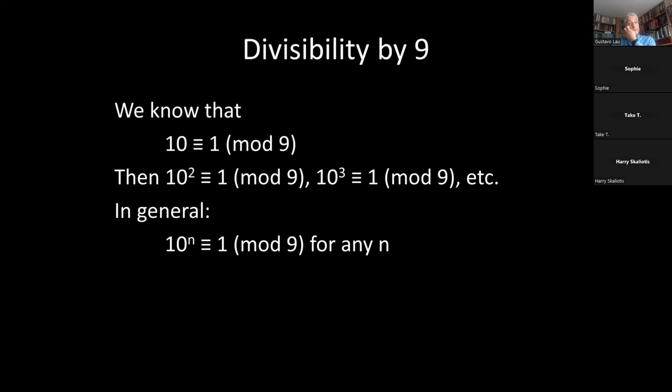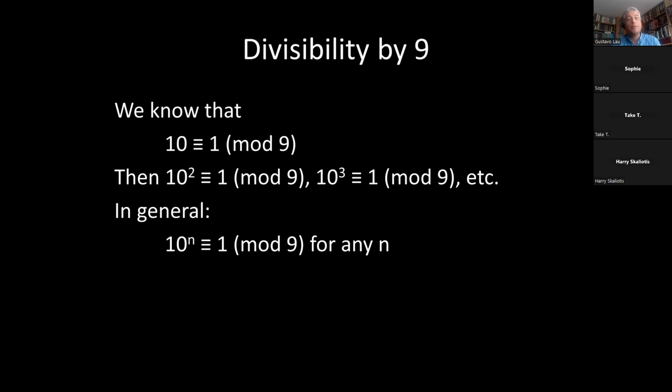Here I'm referring to n a natural number, including zero, so 10, 100, 1,000, any power of 10. If you subtract 1, you get 9999999, which is obviously a multiple of 9. So all of them are 1.